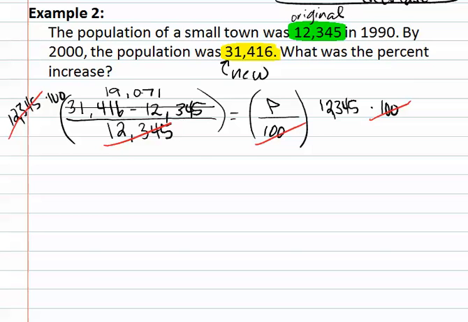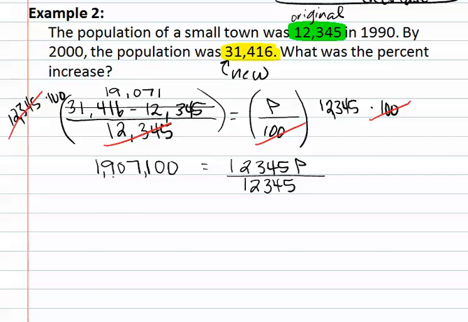Now, when we multiply this by 100, we get 1,907,100. And this is going to equal 12,345p. We now solve this equation by dividing both sides by 12,345.